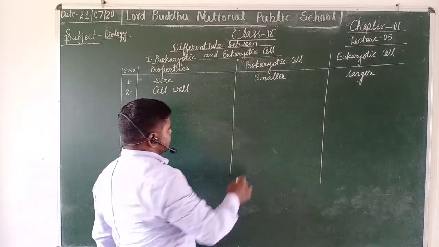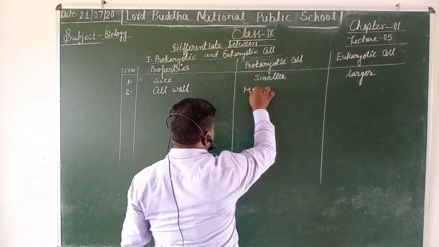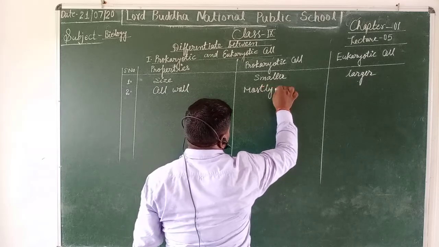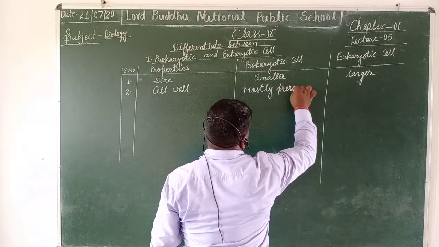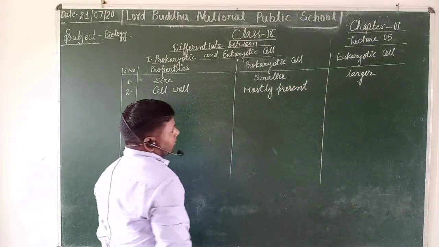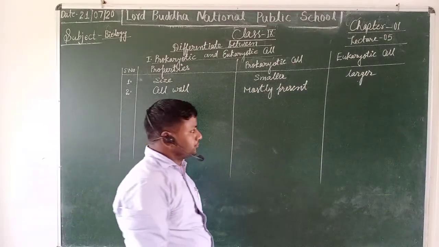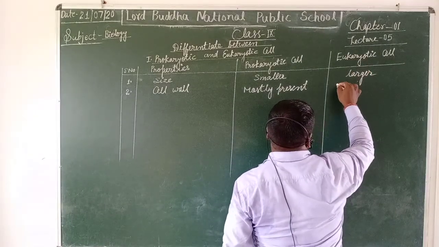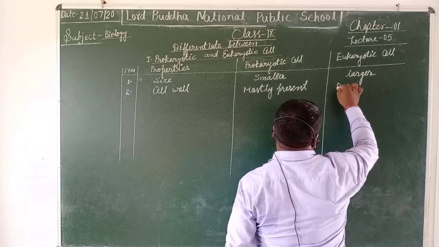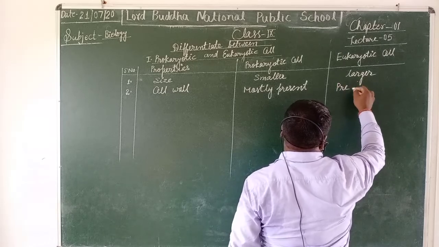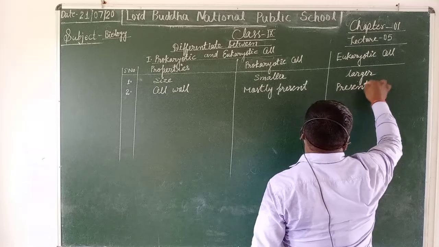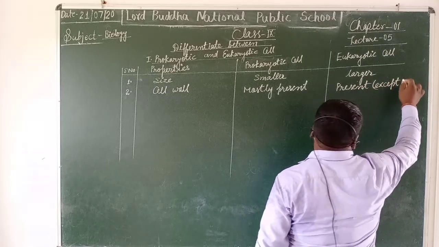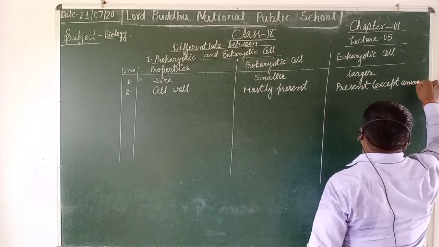Cell wall is mostly present in all prokaryotic cells, and in eukaryotic cell also present except animal cell.